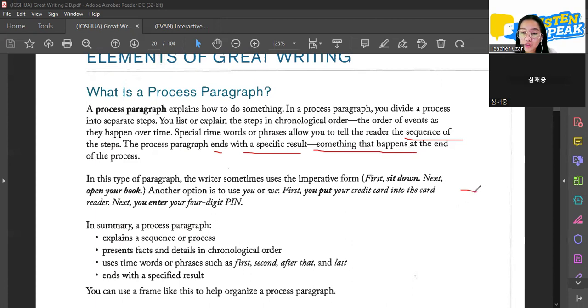So on those sequences, the end of the paragraph should have a result. Okay, now let's try to have the next one.